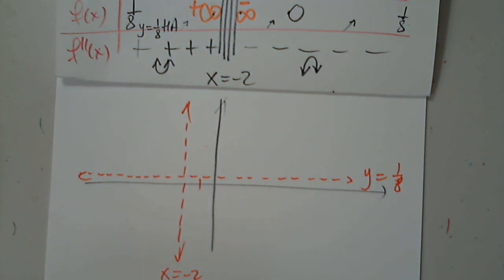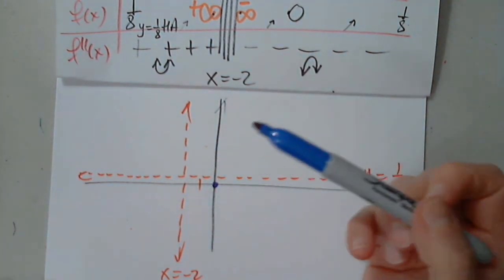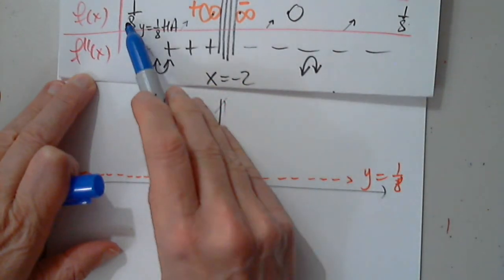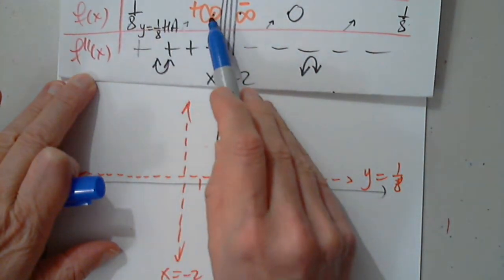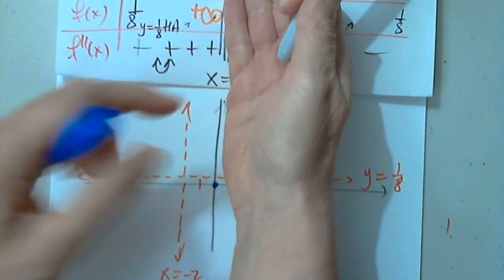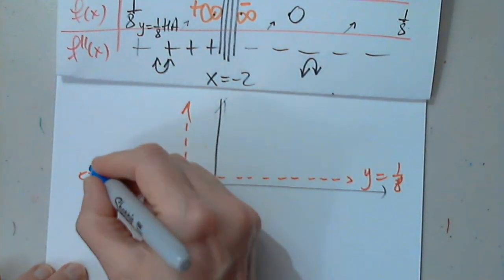I have 0, 0, and nothing else. So the function opens up, coming from the horizontal asymptote, going to infinity on the left-hand side of the vertical asymptote, from 1/8 to positive infinity. Okay, that's easy.